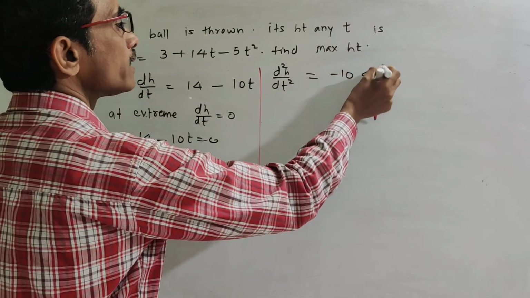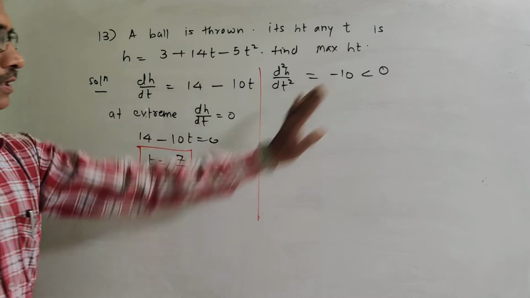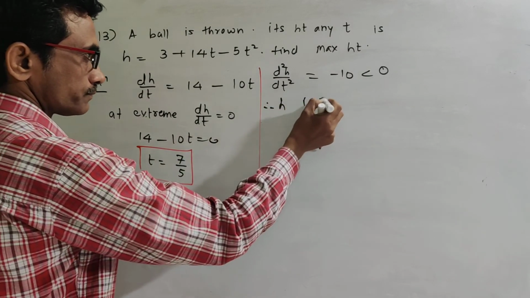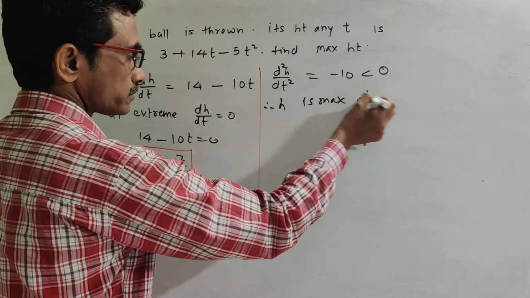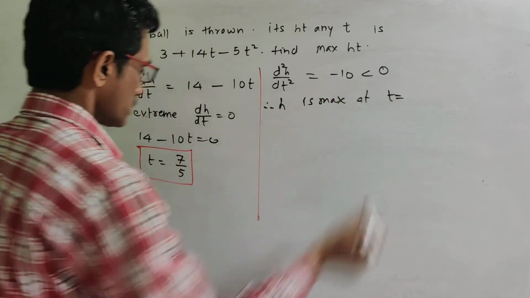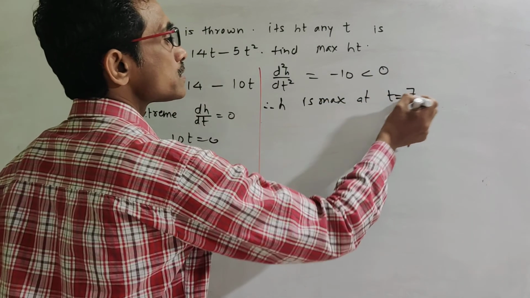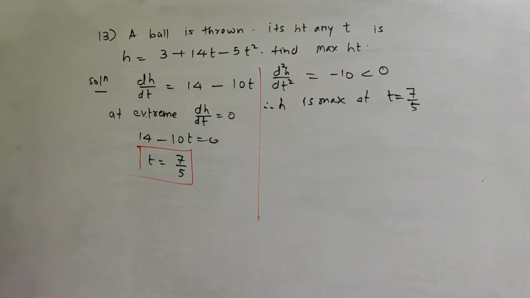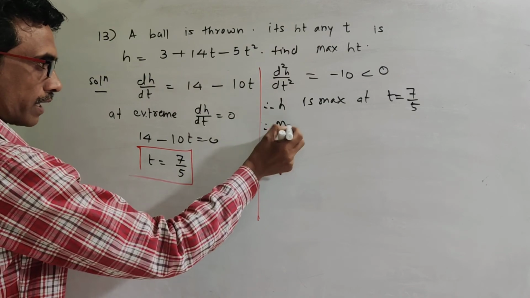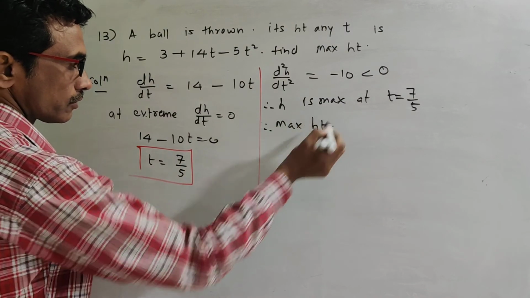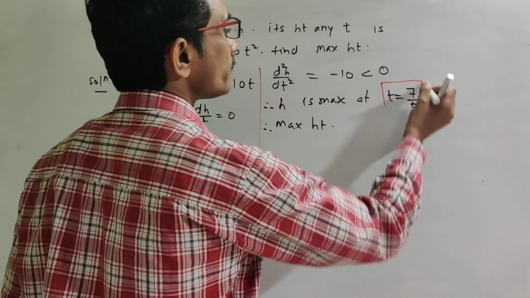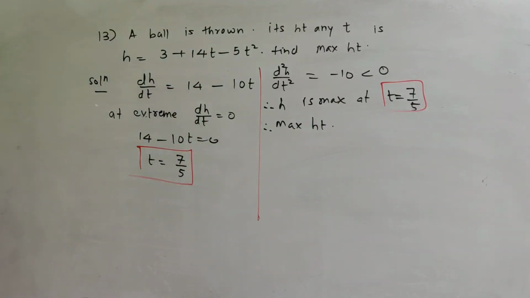Clearly it is negative, less than 0. Therefore h is maximum at time t equal to 7 by 5. We are interested in getting the maximum height, so the maximum height of the ball will be at t equal to 7 by 5.